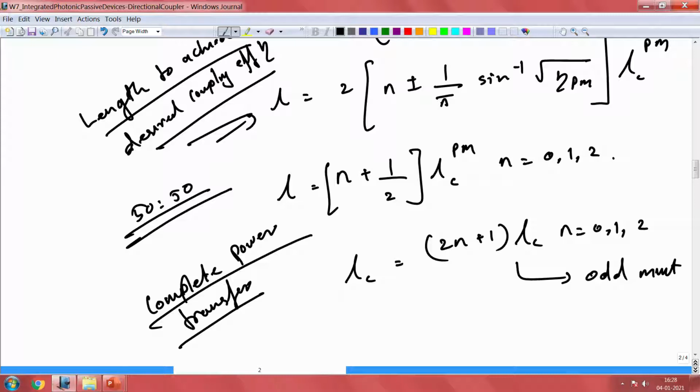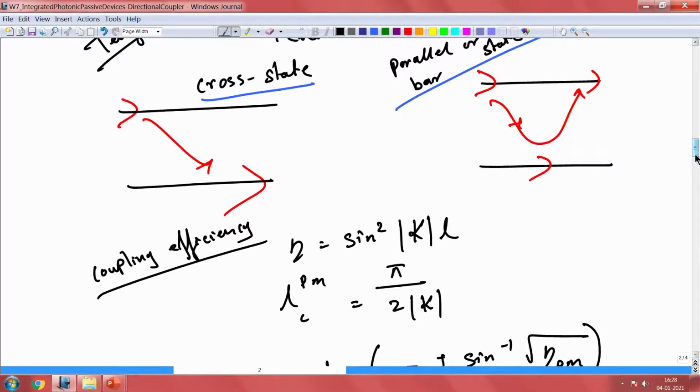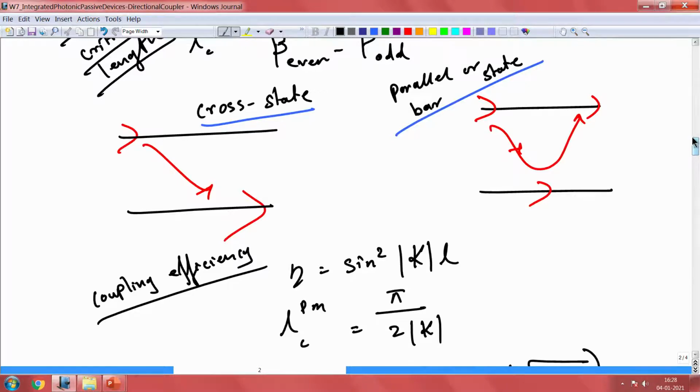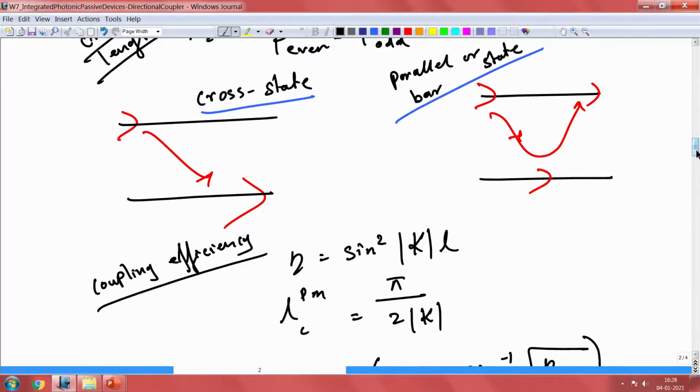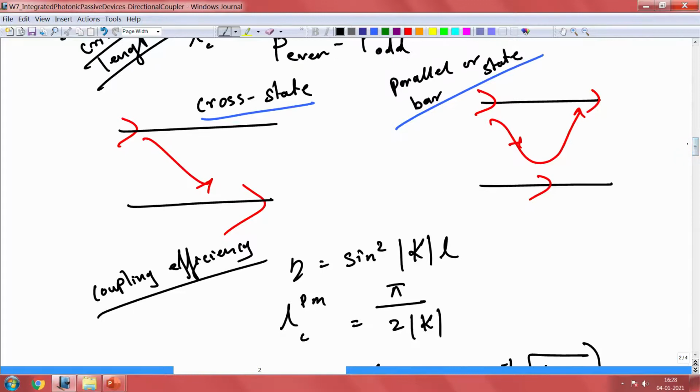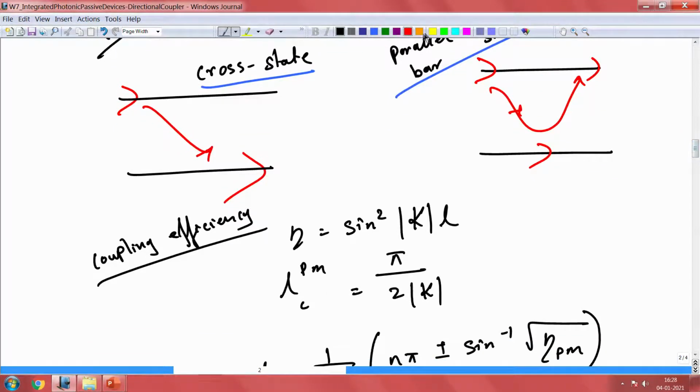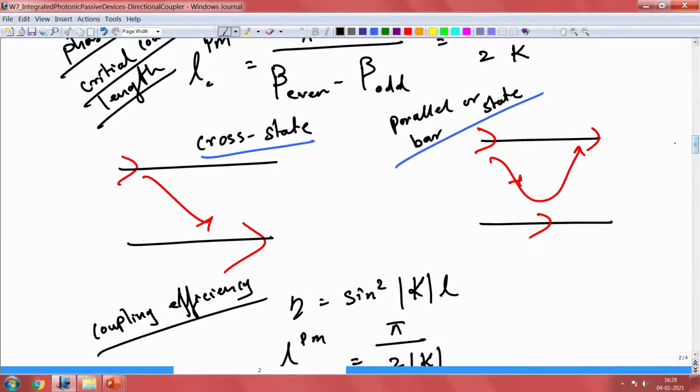So, when you launch optical power in one waveguide, you may want to completely transfer it to the other waveguide, that is one possibility, right. So, that is the cross state, and bar state is going back, and there will be another possibility here, where you could have light in both the waveguides.